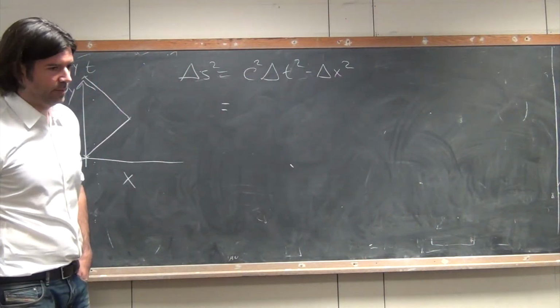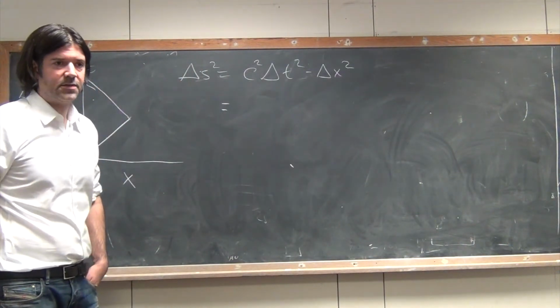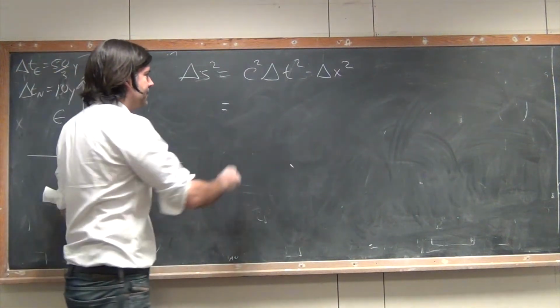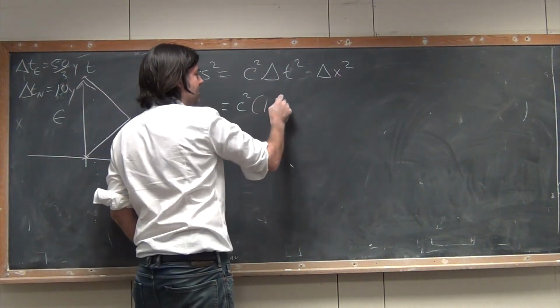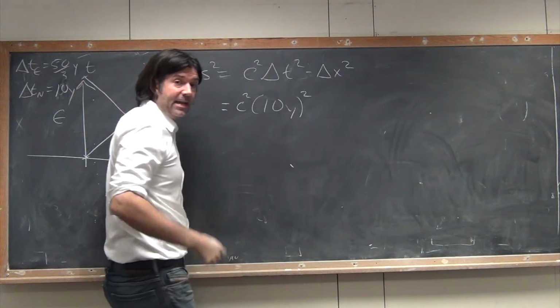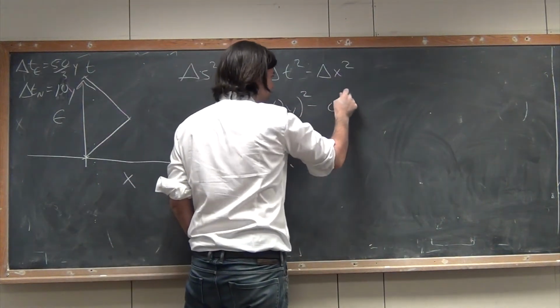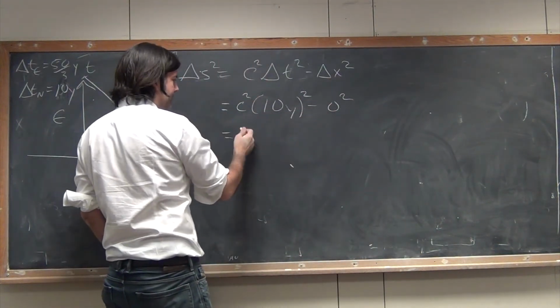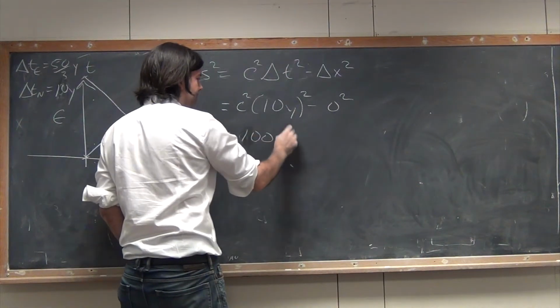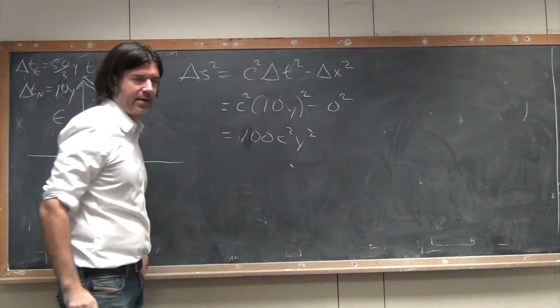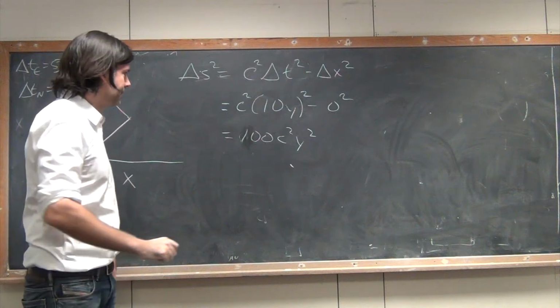So if the trip took 10 years for Newton, let's calculate for Newton first. That's c squared times 10 years squared, and had a distance of 0. Then we have 100 light years squared. What about for Einstein?